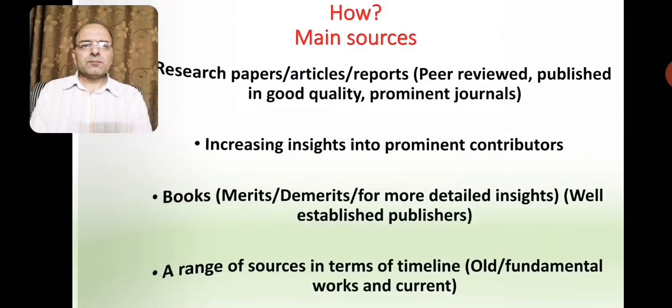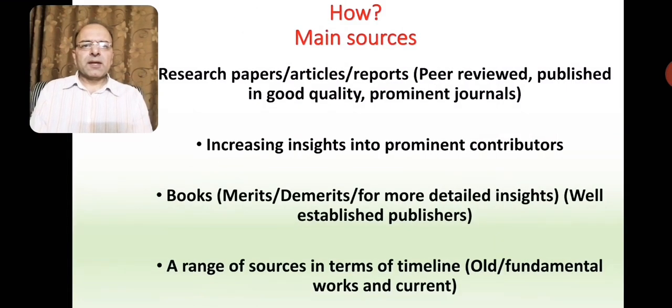So the next thing is some of the main sources. The how question also is kind of relevant to this one: research papers, articles, reports that are basically peer reviewed and published and having good quality and published in prominent journals.